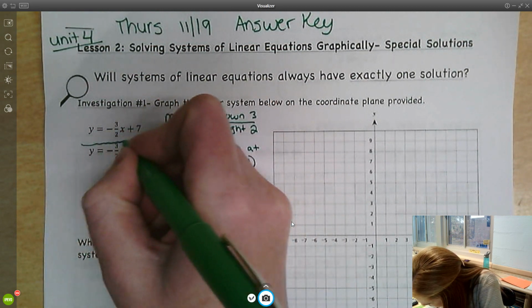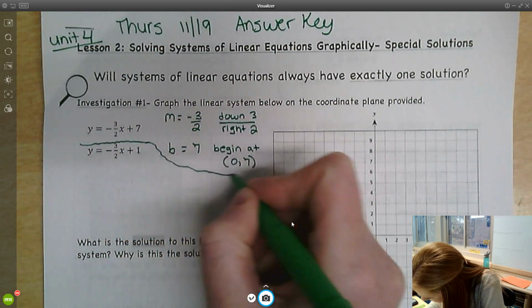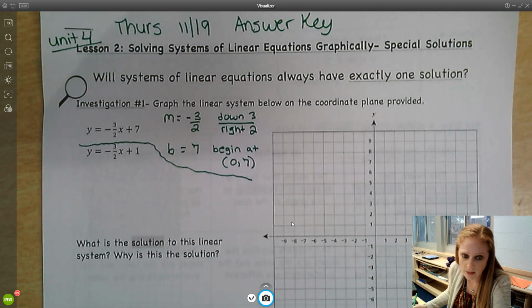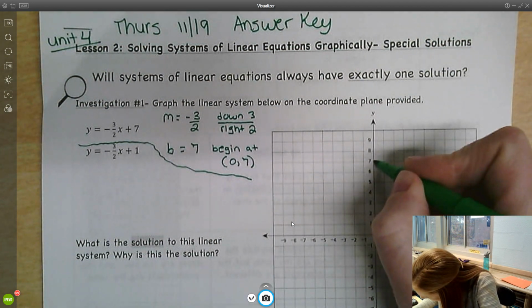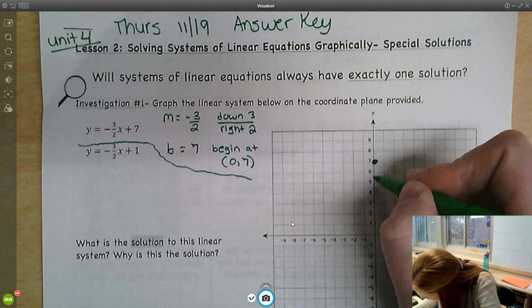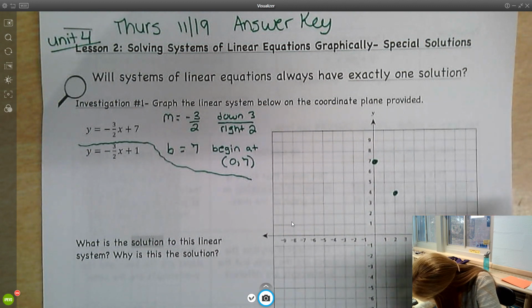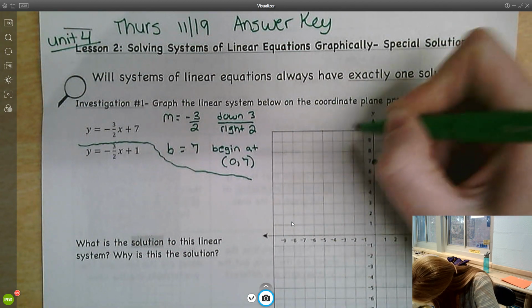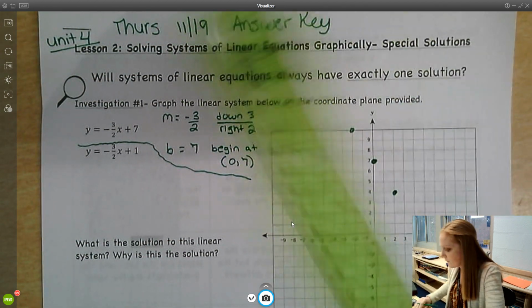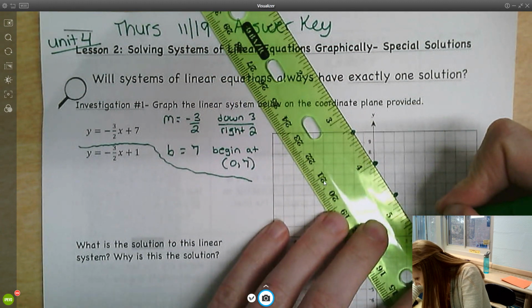Let's graph that. I'm going to begin at (0, 7), that's my y-intercept, and move down 3, right 2. Up 3, left 2 to go backwards. This is my first linear equation.